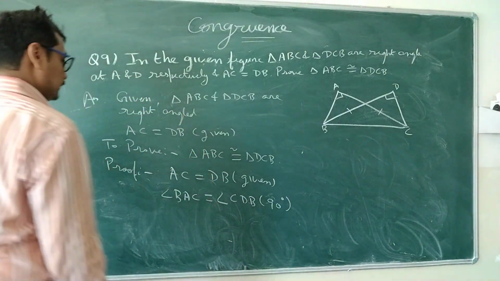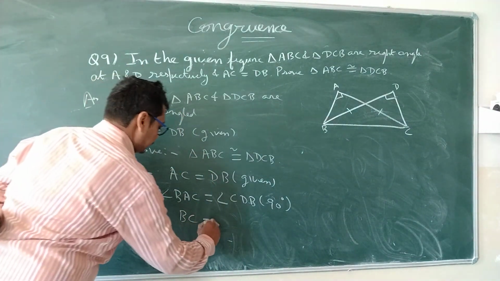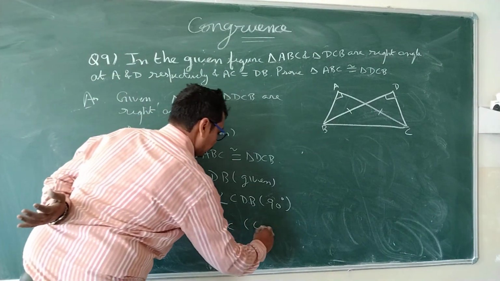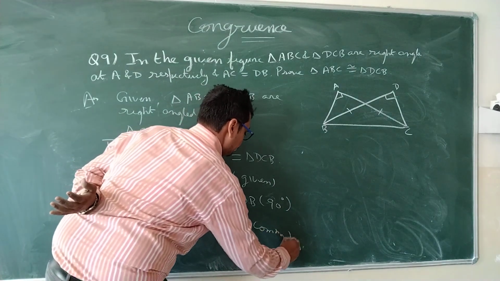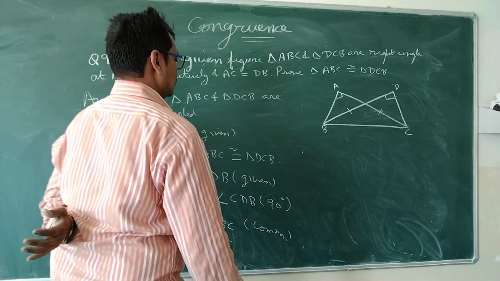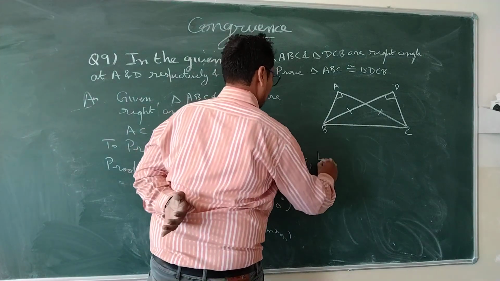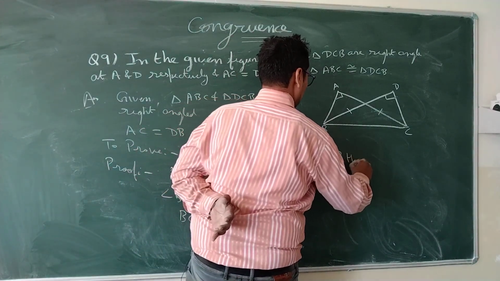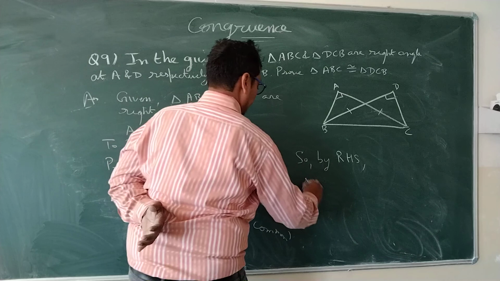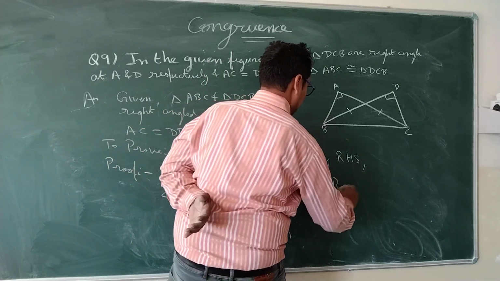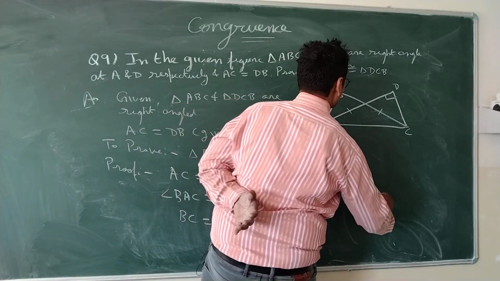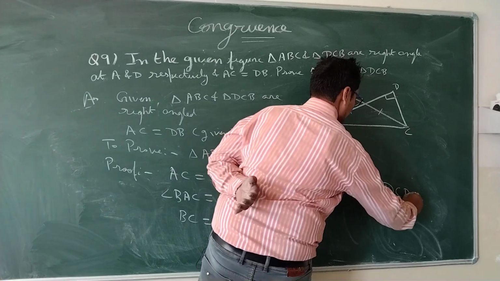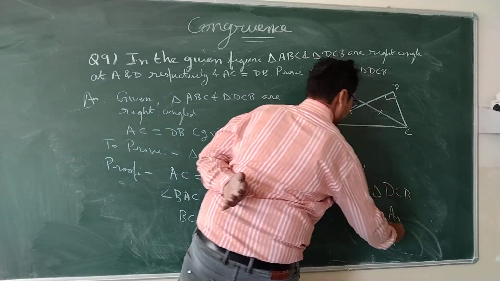And the side BC is equal to BC, which is common. So by RHS, we can say triangle ABC is congruent to triangle DCB.